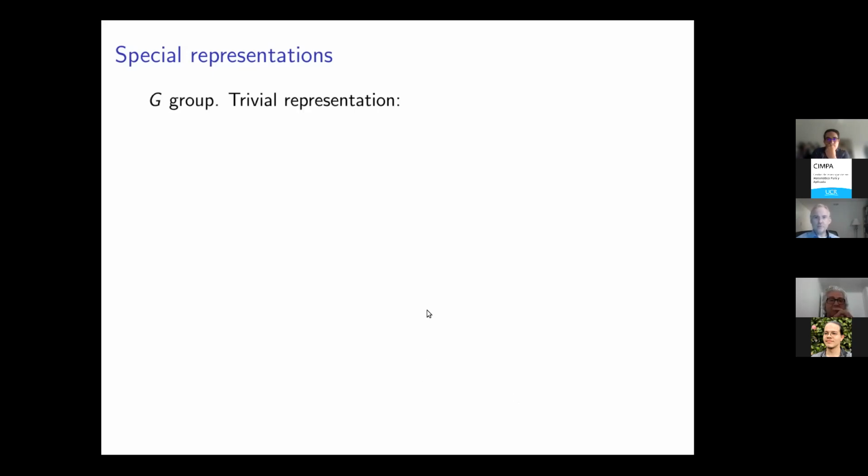So we have a group, and then there's the so-called trivial representation, which just maps every group element to the 1 times 1 matrix with unique entry 1. The distinction between a 1 times 1 matrix and an element in the field is not so big, so we kind of forget these parentheses. So this is basically saying I map every group element to 1 in the base field.